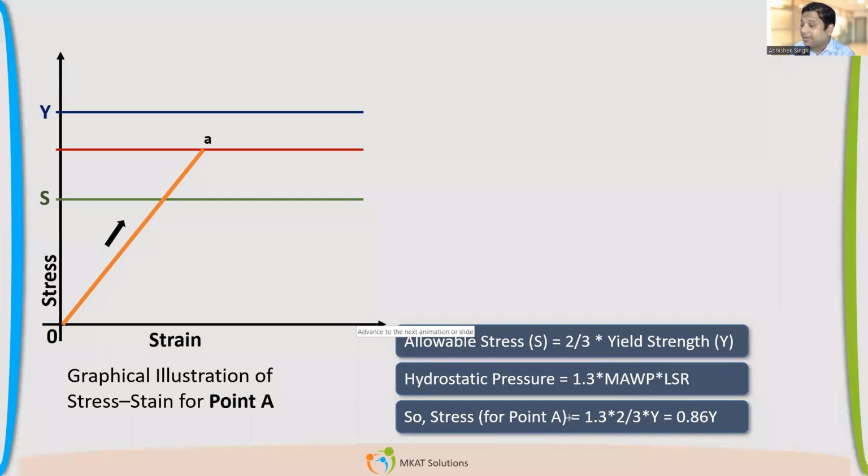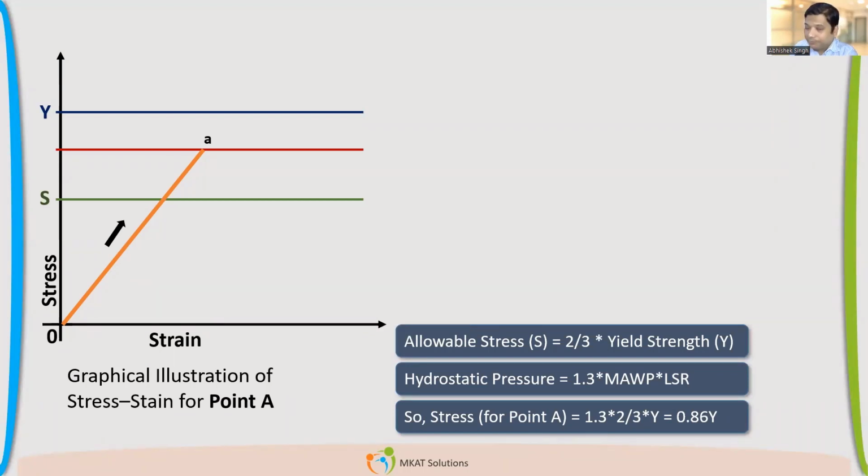If you're not able to understand this calculation, no problem, just think about it. It's a very simple calculation. So we are going up to 86% of yield, much more than allowable. Making sense?